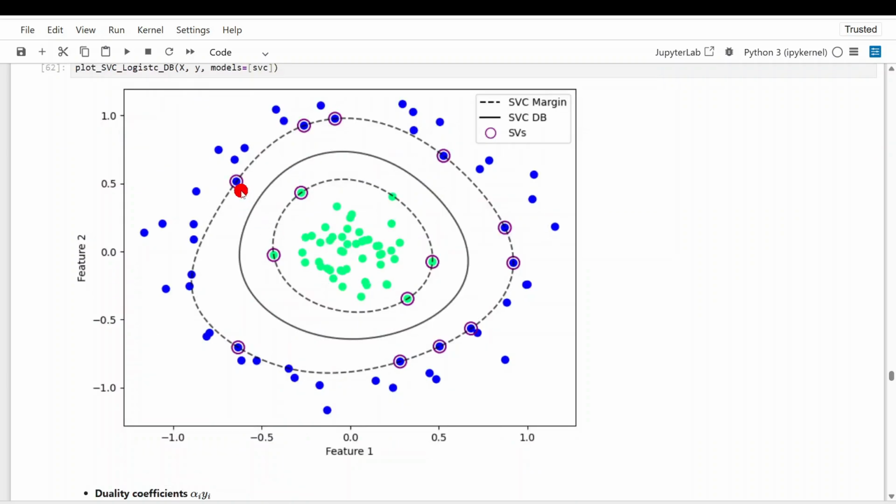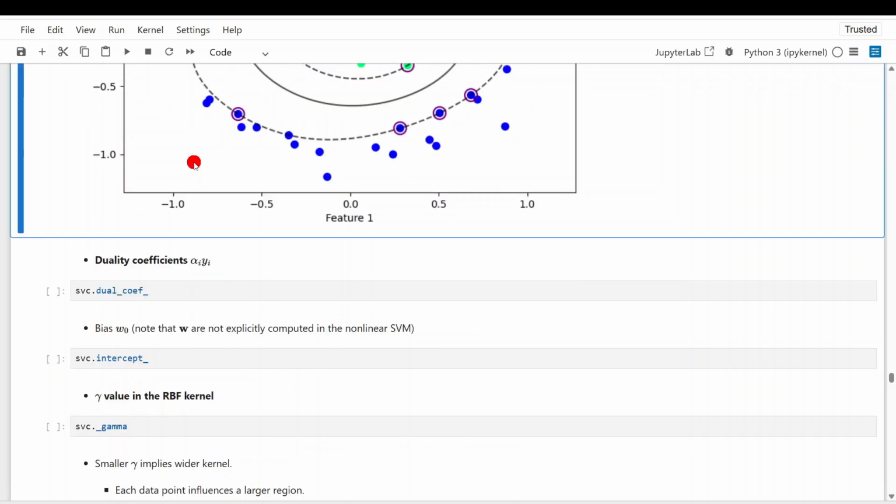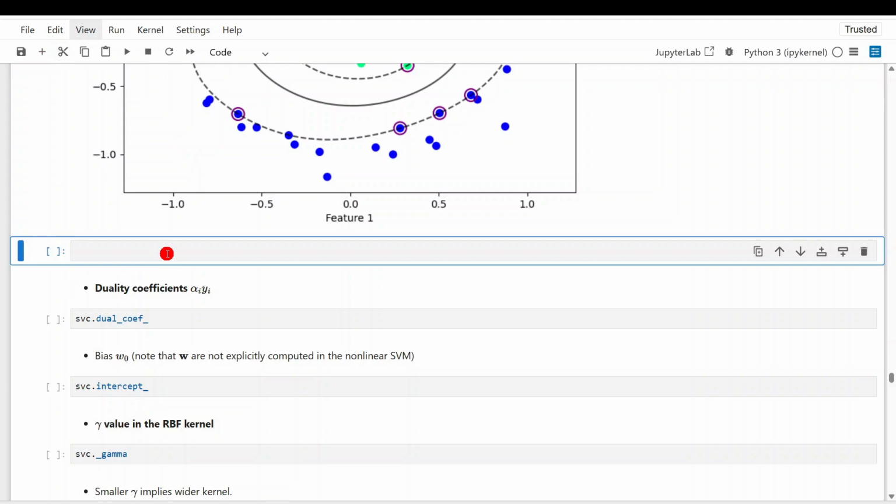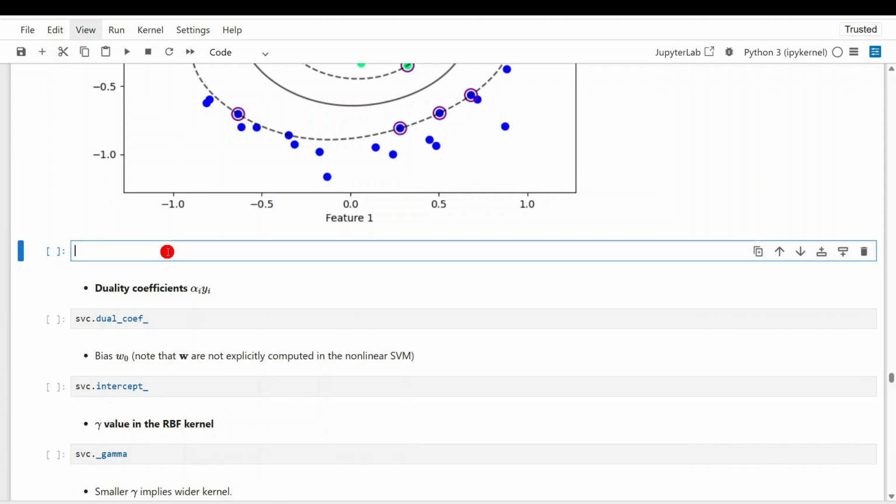Now let's count the number of support vectors: 1, 2, 3, 4, 5, 6, 7, 8, 9, 10, 11, 12, 13, 14. As usual, we can call SVC.support_vectors_.